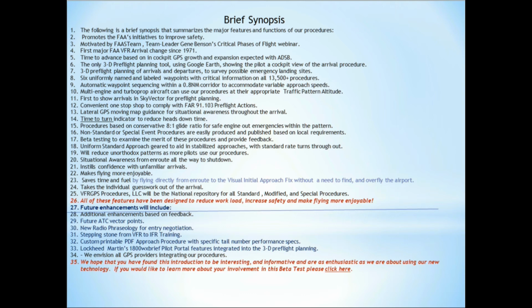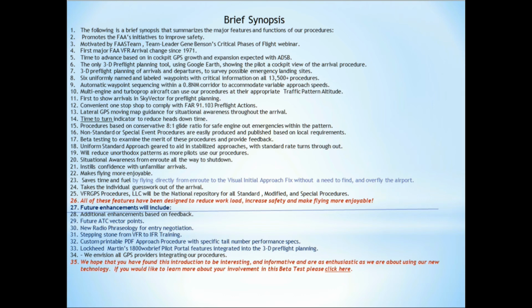Time to advance based on in-cockpit GPS growth and expansion expected with ADS-B. The only 3D pre-flight planning tool using Google Earth showing the pilot a cockpit view of the arrival procedure. 3D pre-flight planning of arrivals and departures to survey possible emergency landing sites.